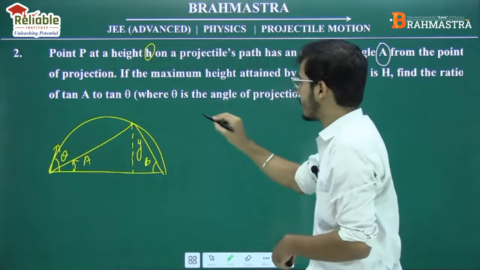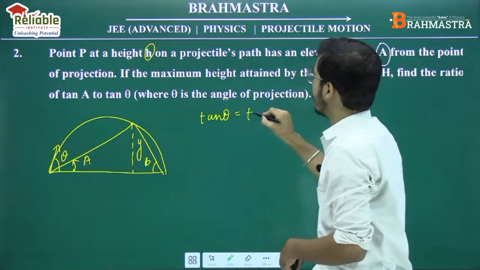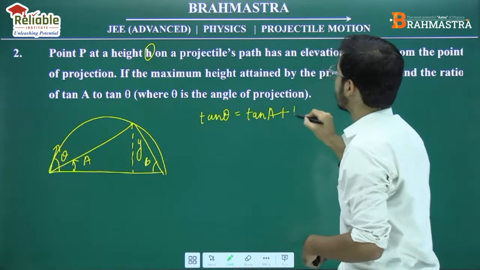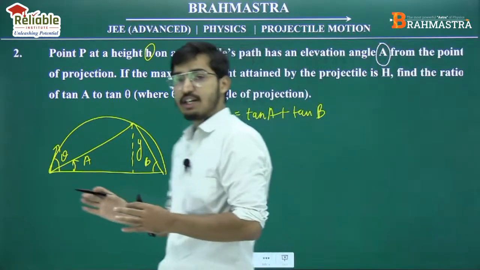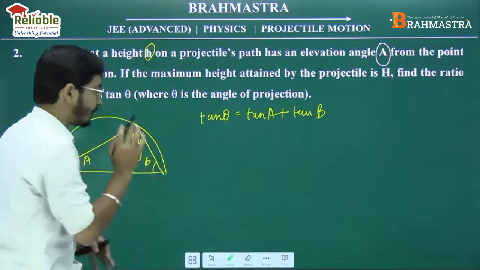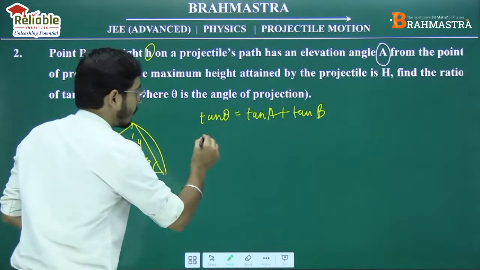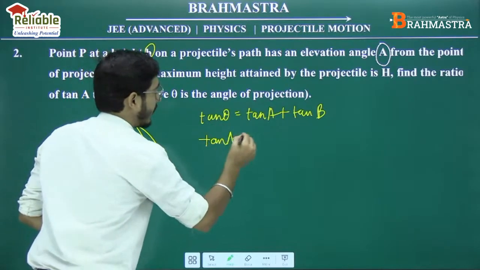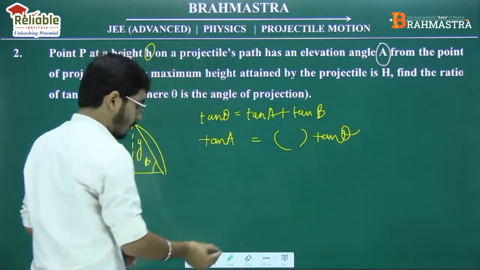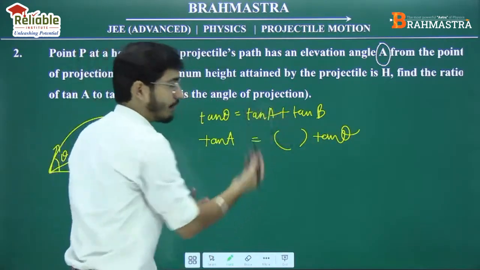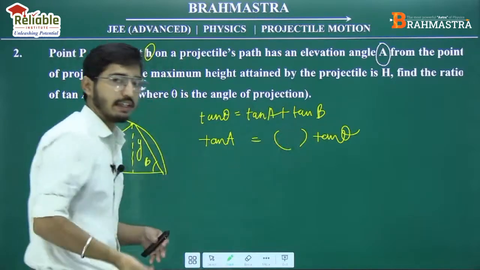So we can directly understand that there is a relation that tan theta is equal to tan A plus tan B. Now, the point to be understood here is that they have not given the angle B. The question is asking to calculate the value of tan A in terms of tan theta. Now the point is how to eliminate B. We have to eliminate B, only then we can form a function of A in terms of theta, right?